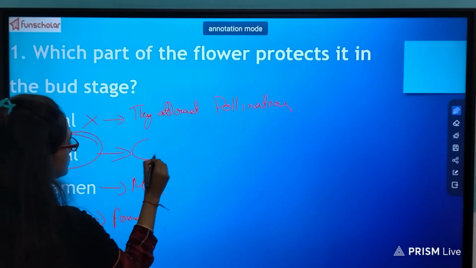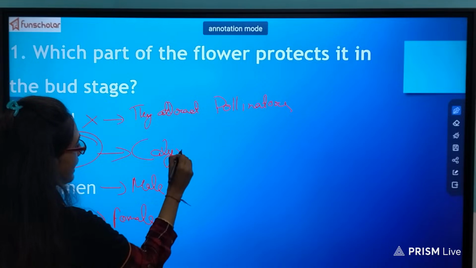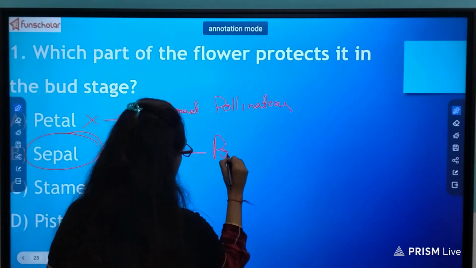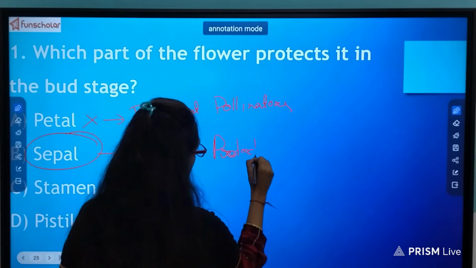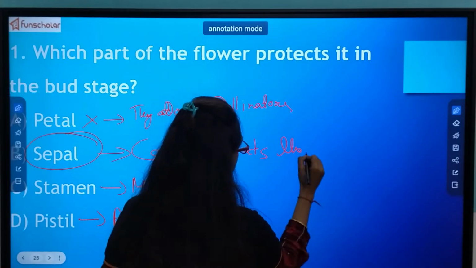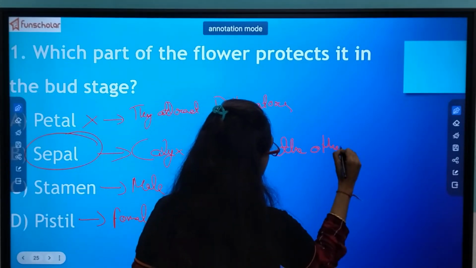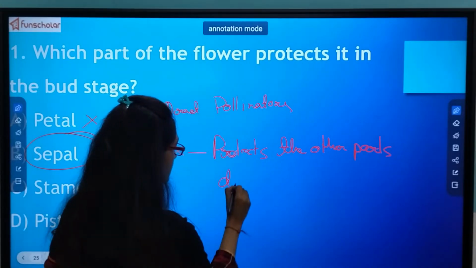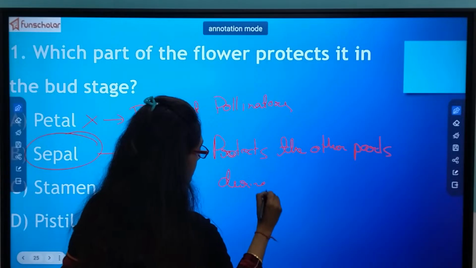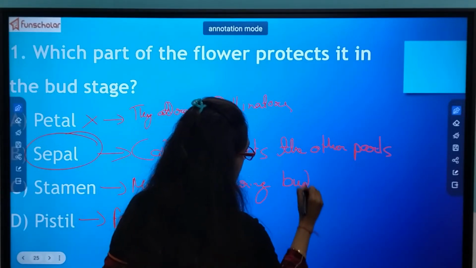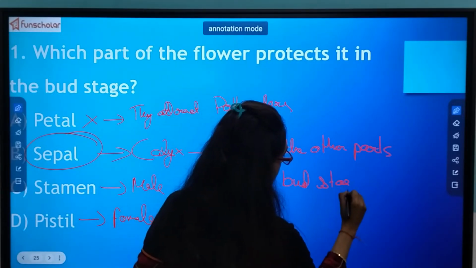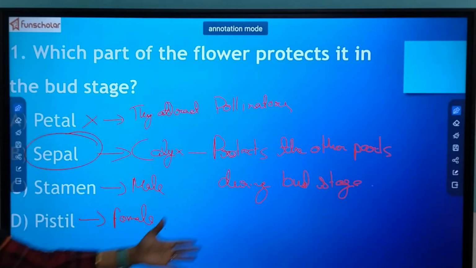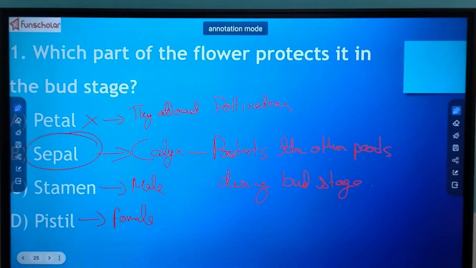Sepal, which is also known as calyx, and it protects the other parts during the bud stage. Right? Remember? I hope the thing is clear to you.